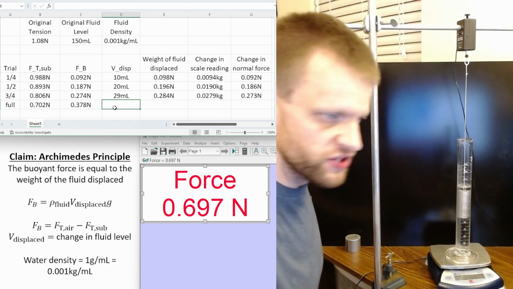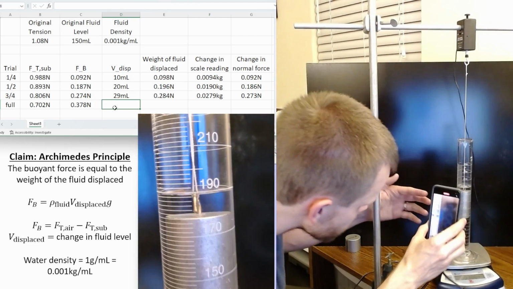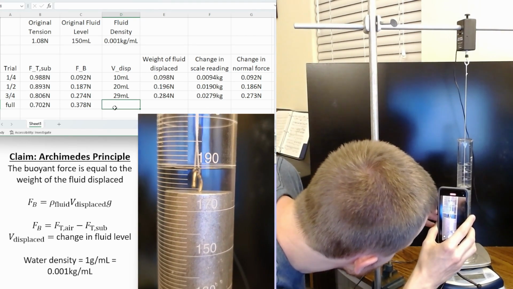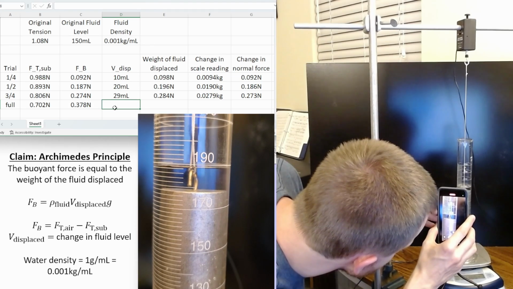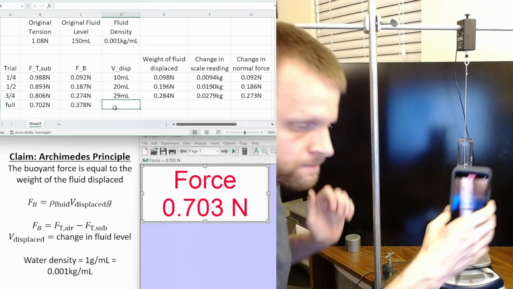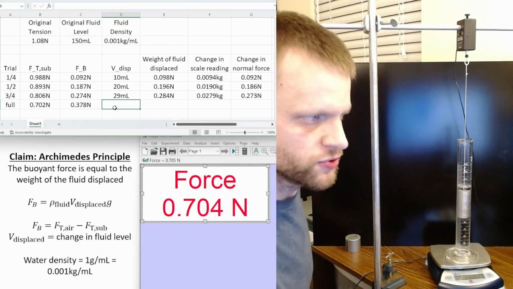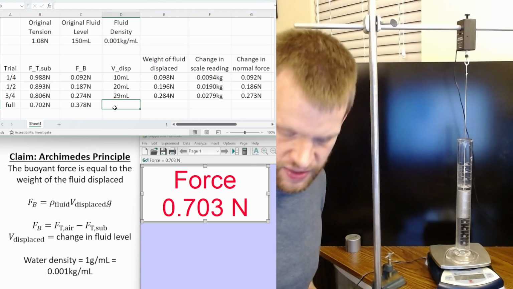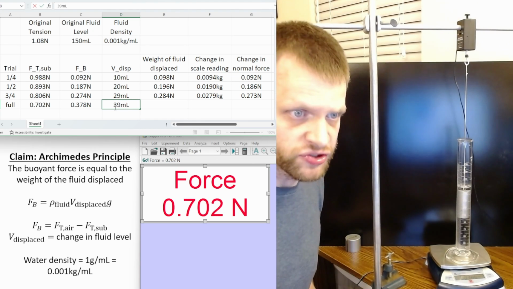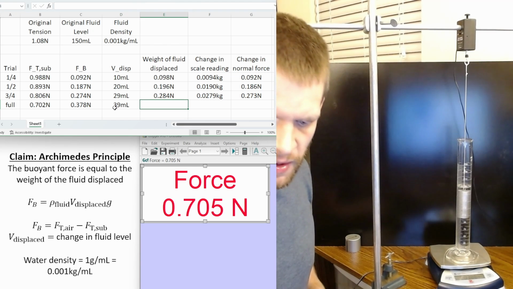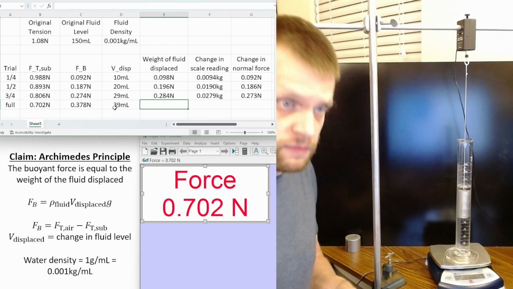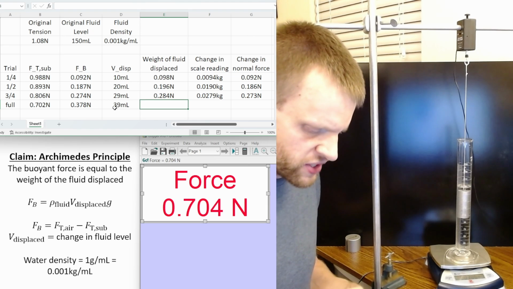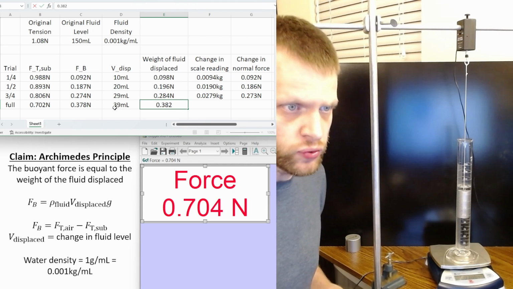In terms of some of these other readings, the volume displaced. Again, it looks like we're just below 190, so let's call it 189. So if it's going from 150 to 189, that is 39 milliliters displaced. Taking that volume displaced times the density times little g, I get 0.382 newtons.